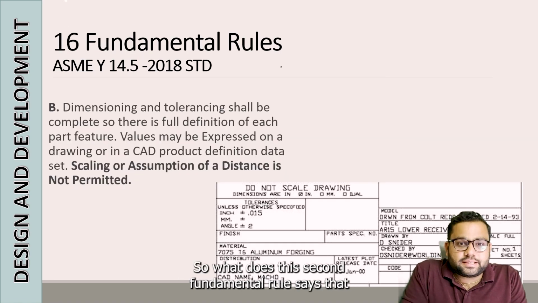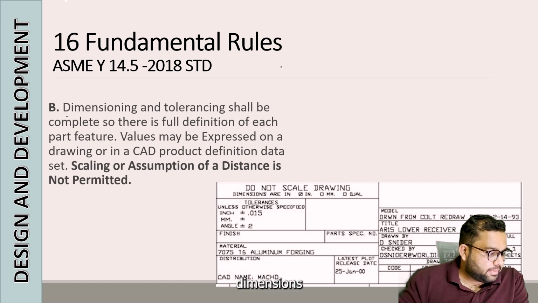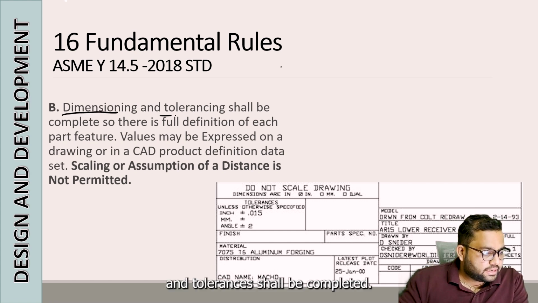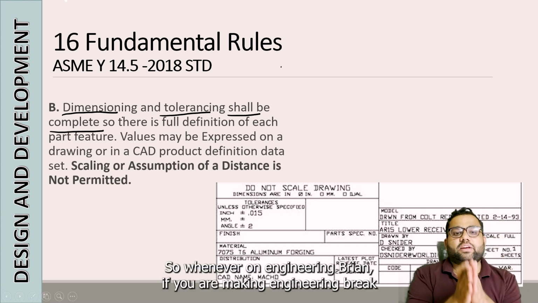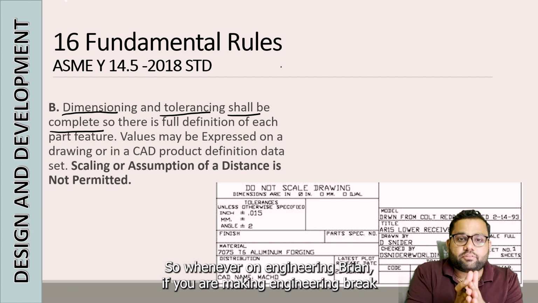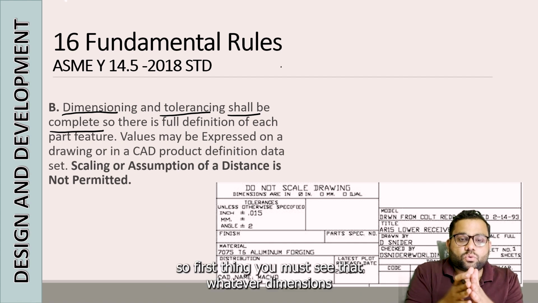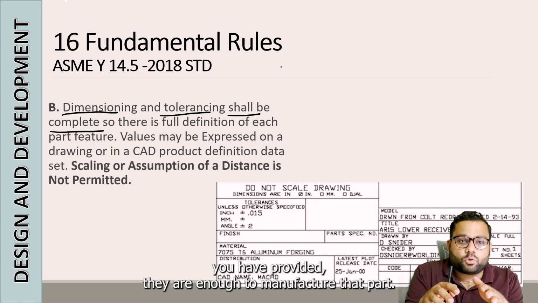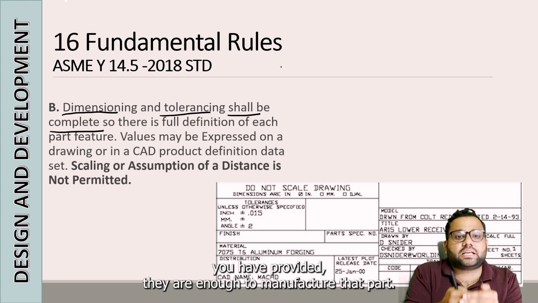So what does this second fundamental rule say? That dimensions and tolerancing shall be complete. Whenever you are making an engineering drawing, the first thing you must see is that whatever dimensions you have provided are enough to manufacture that part.